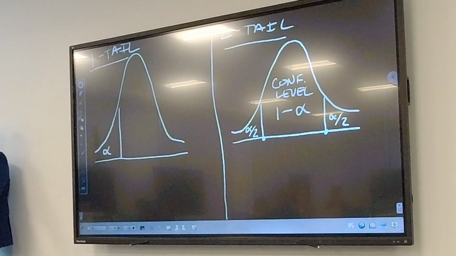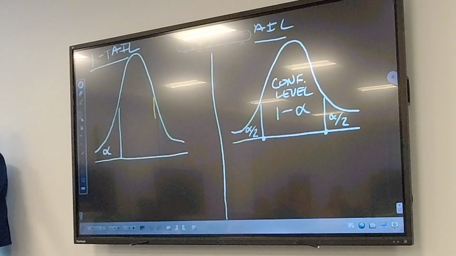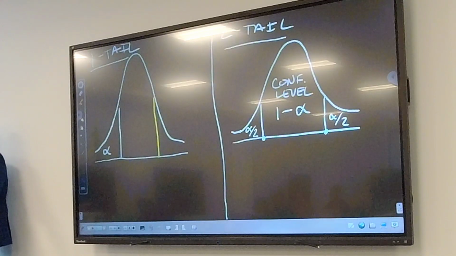But if I have a one-tailed test, I still need the confidence level to be a region in the middle. So you have to put another alpha over here on this side, so that way it forms a symmetric region about the middle.